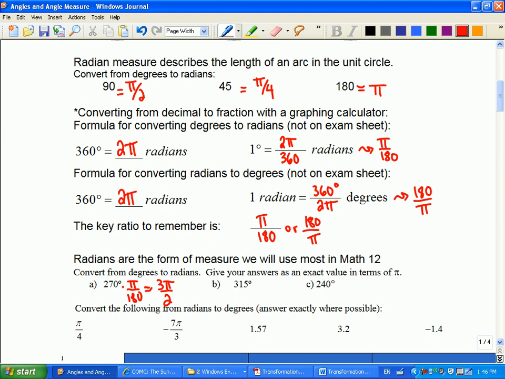Now 315, same thing, multiplying by pi, divide by 180. That way there's going to be a pi in my answer like radians usually have. So 315, anybody know what that's going to be? Simplified? Yeah, that's 7 pi over 4.